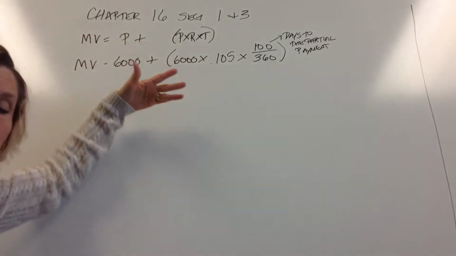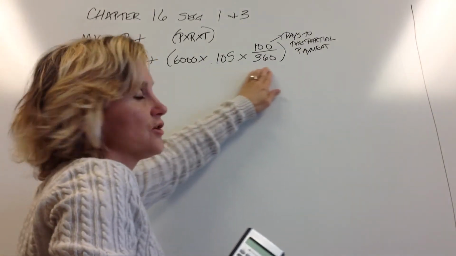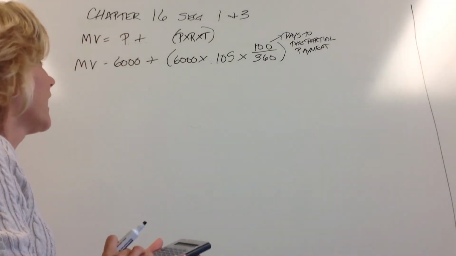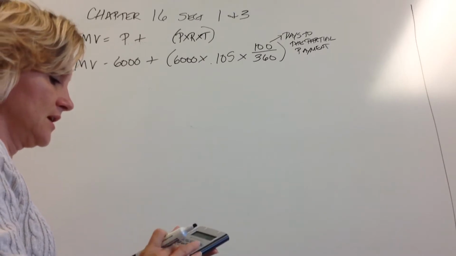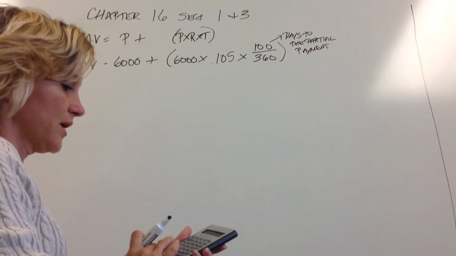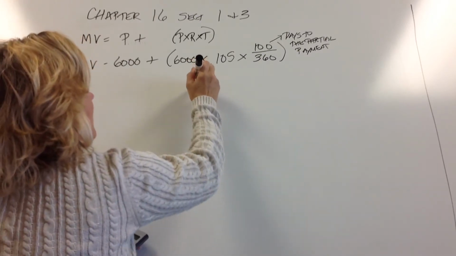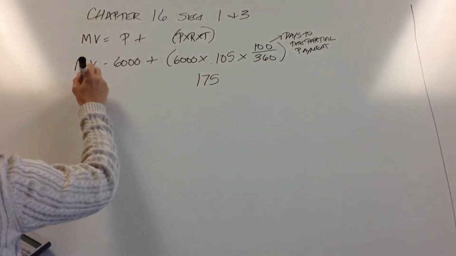Now that you do legitimately owe them the interest on. So if I take everything in the parentheses and multiply that, the 6,000 times the 10.5% times the 100 days divided by 360, I get interest of $175.